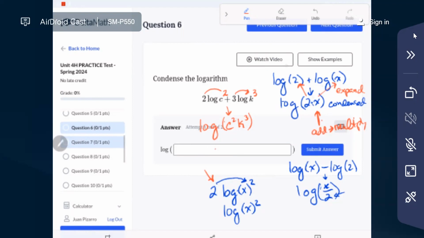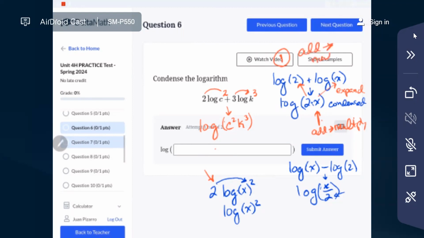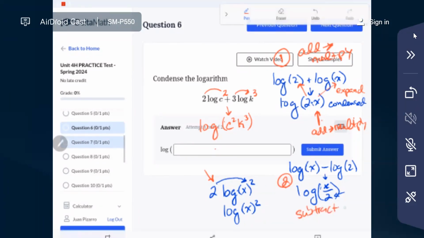So there's our 3 properties. This is our first property of addition to multiplication. So when you add, you go to multiply. And here's our second property. This is when you have a subtraction, you're going to change that to division.